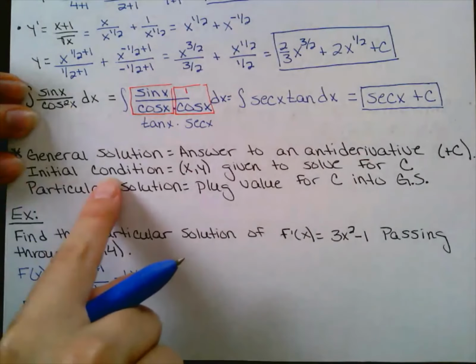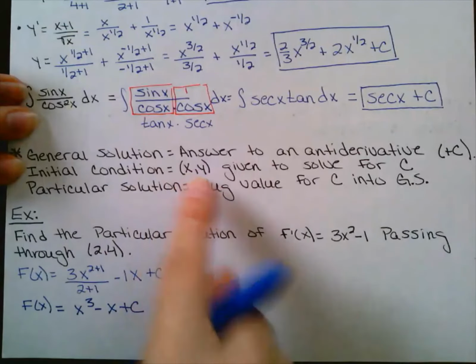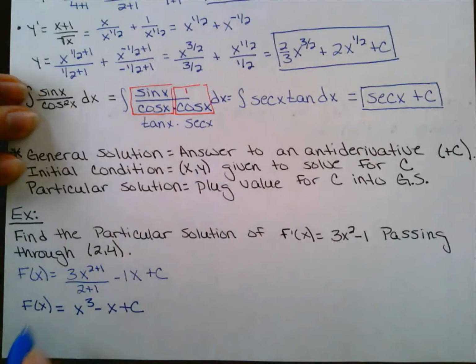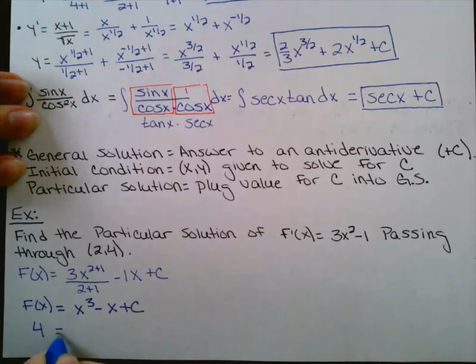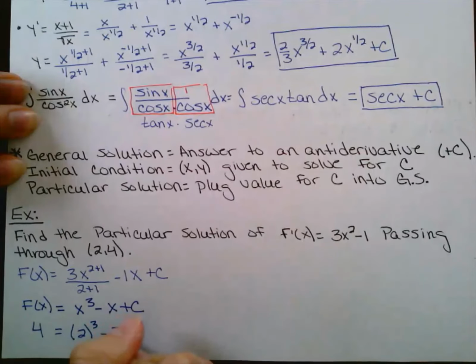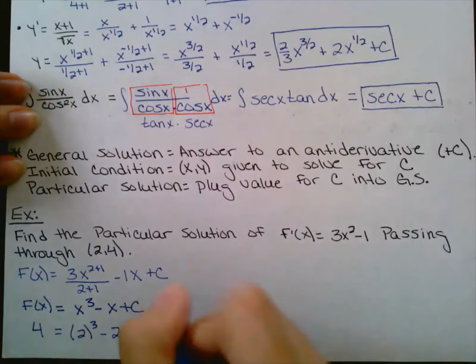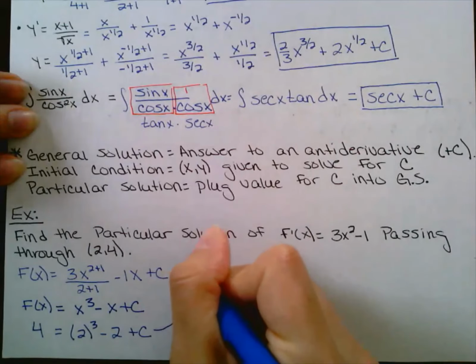Now, step 2, for my initial condition, I'm going to plug in that x comma y. So remember, f of x means y. So I'm going to put the 4 here, equals, and then I'm going to plug in the 2 into my x's. Okay, now I'm going to solve for that c.